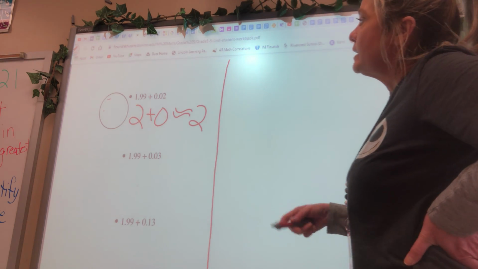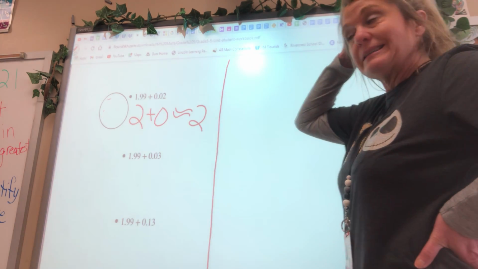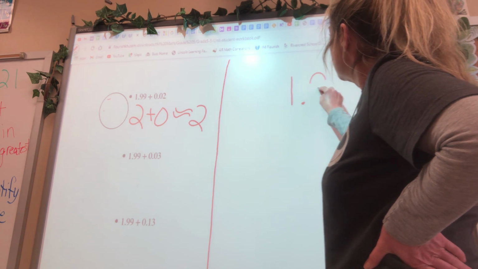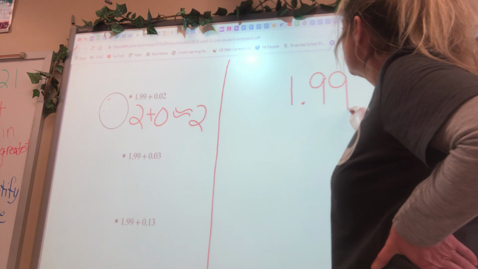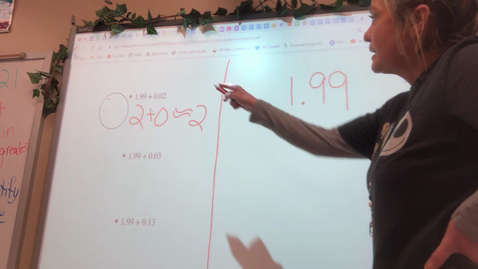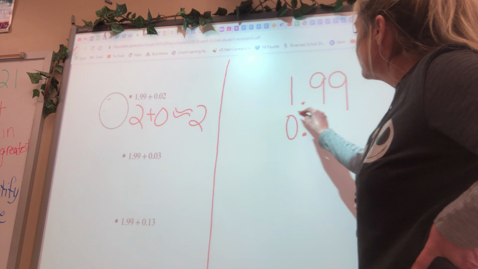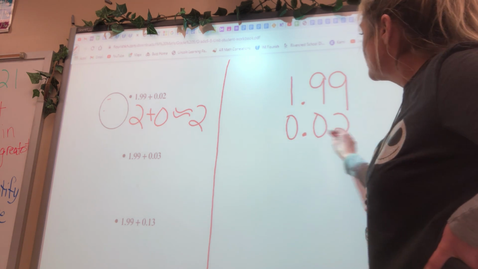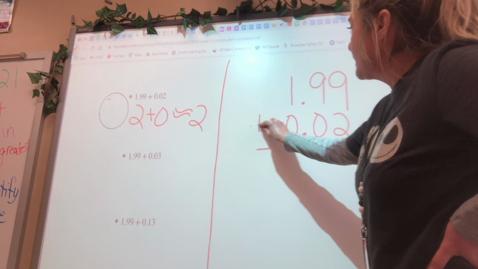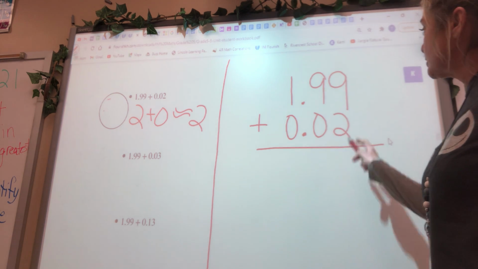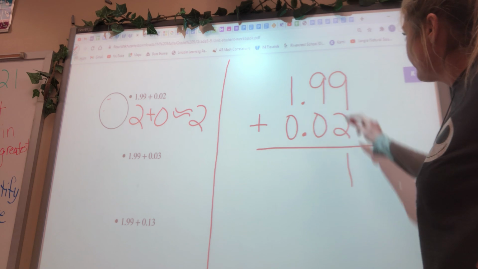Okay, now if we use our rule for adding decimals, we know that we're going to stack them on top of each other, just like regular addition, and we line up that decimal point. So I would have 0.002, and then we're going to add. Again, it works just like standard addition. We have 9 plus 2 is 11.